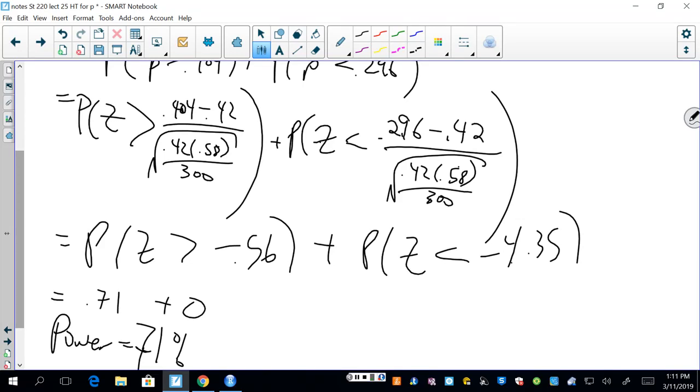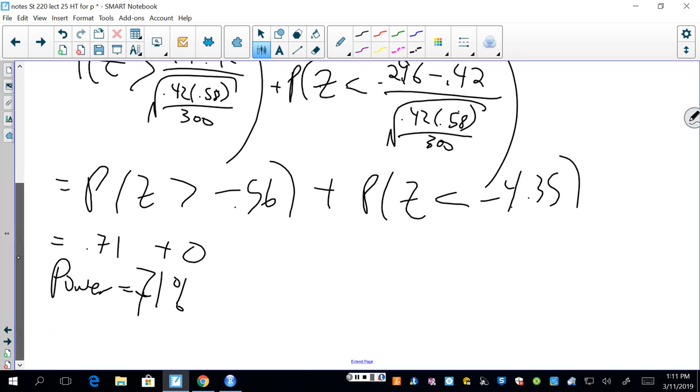Because even if 0.42 is true, you could get a value that's kind of low, closer back toward 0.35. So there's a chance you won't be able to prove it. You'll get a p hat that doesn't fall in the rejection region, falls closer to 0.35. But there's about a 70% chance you will get something out in the tails. So it's your chance of rejecting.